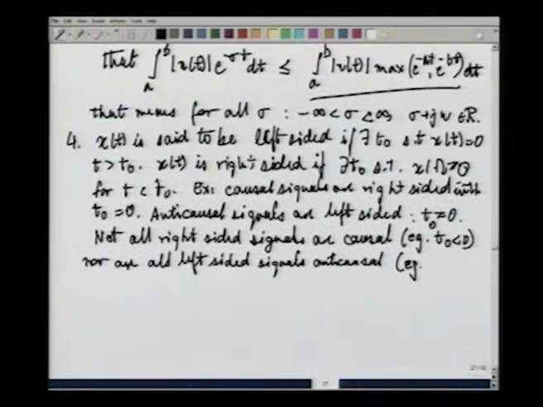Example, when t naught is greater than 0. Fine. So, that is just a review of the understanding of what constitutes a left-sided or a right-sided signal.